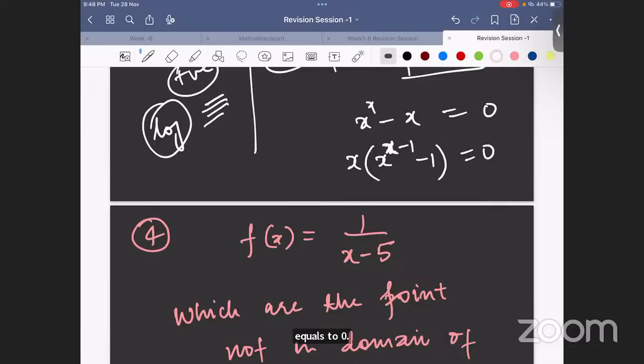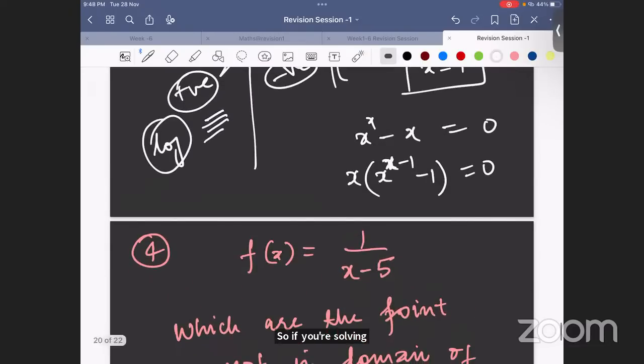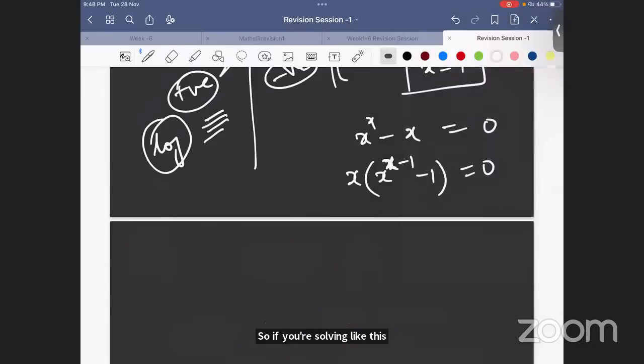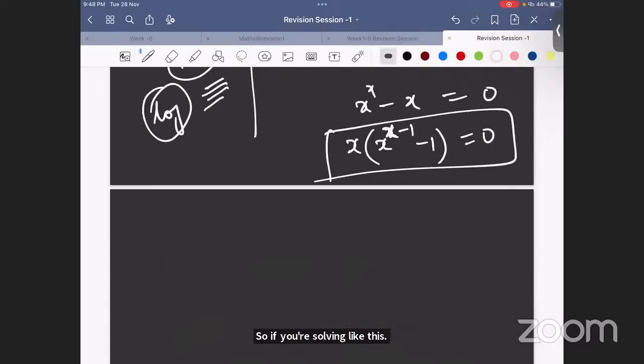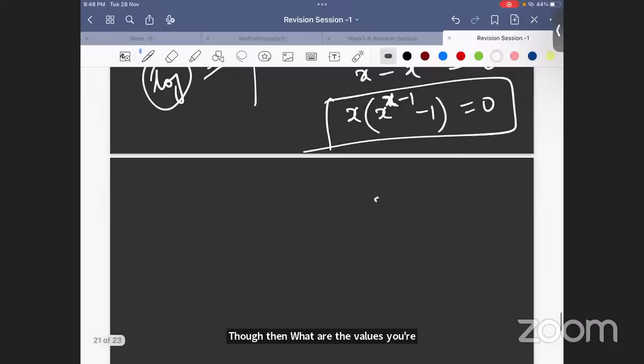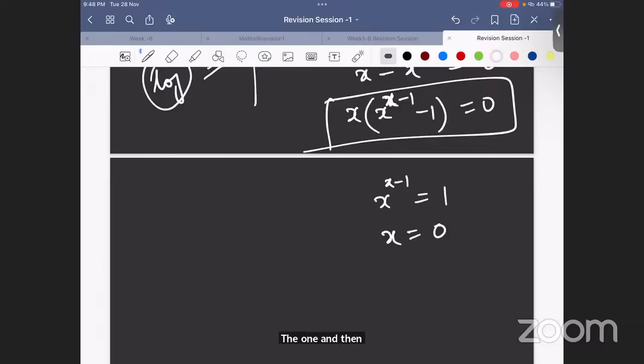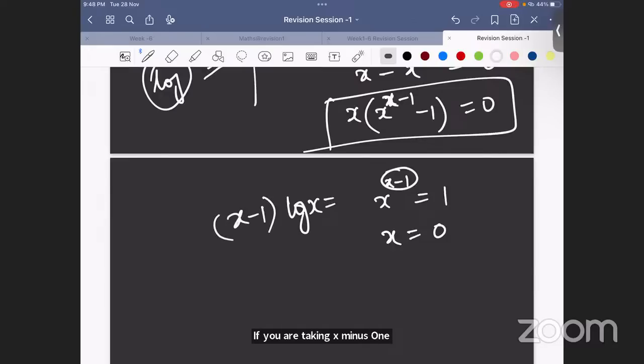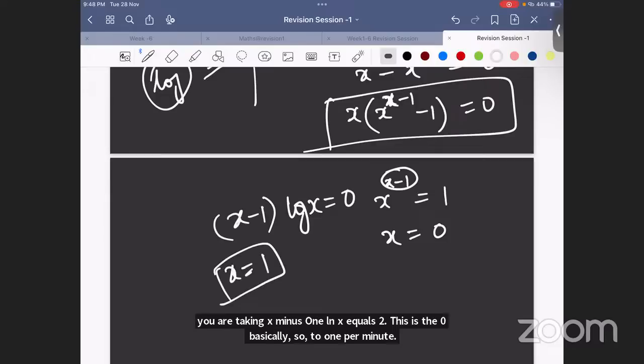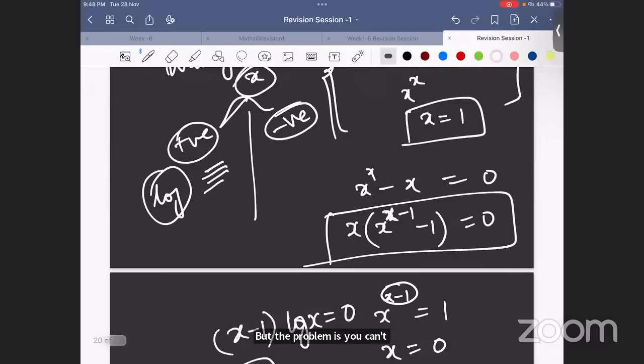So if you're solving like this, what are the values you are getting? X to the power x minus 1 equals to 1, and then either x equals to 0. If you are taking x minus 1 ln x equals to 0, x equals to 1 from here. But the problem is you can't solve with this method.